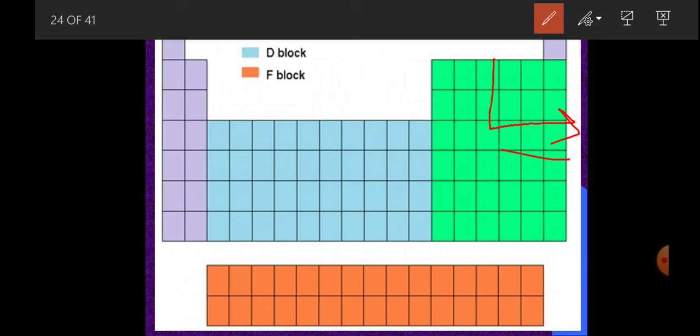So when you talk about electron affinity, it's important that we give emphasis to these elements, especially those in group 5, 6, and 7. They can easily gain their electron, and they can hardly lose their electrons.